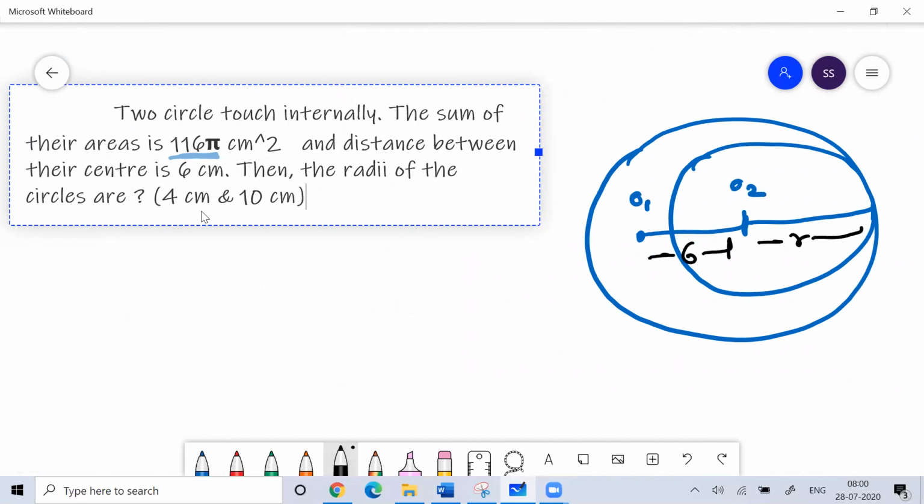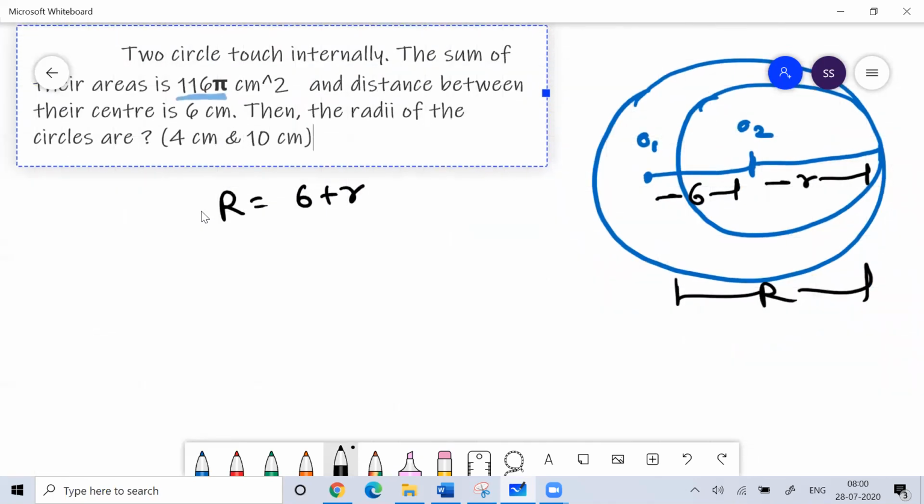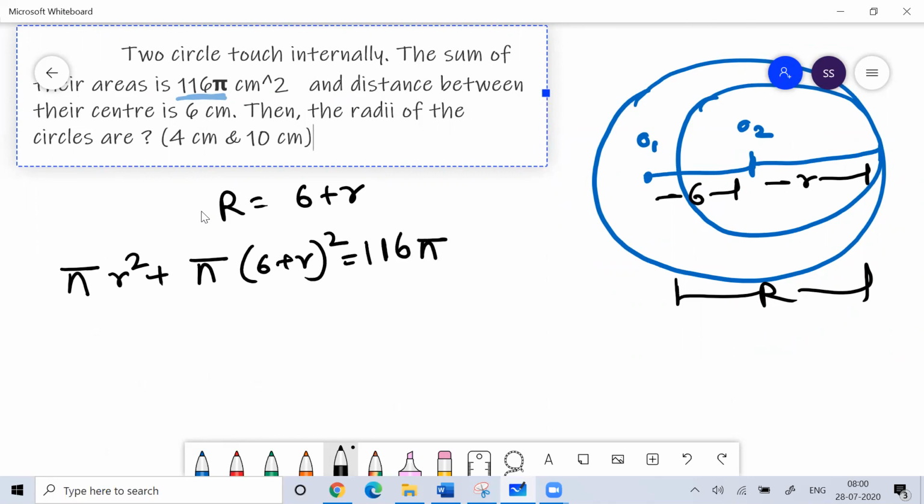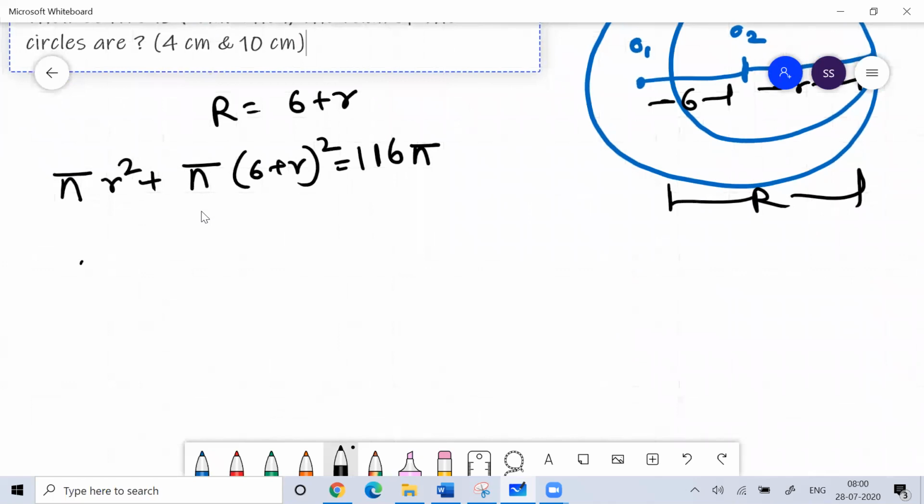This is the radius r of the smaller circle, and suppose this is the radius of the bigger circle. So I can say the radius of the bigger circle is 6 plus r. The sum of the areas would be pi r square plus pi into (6 plus r) square, equal to 116 pi. Pi I can cancel.